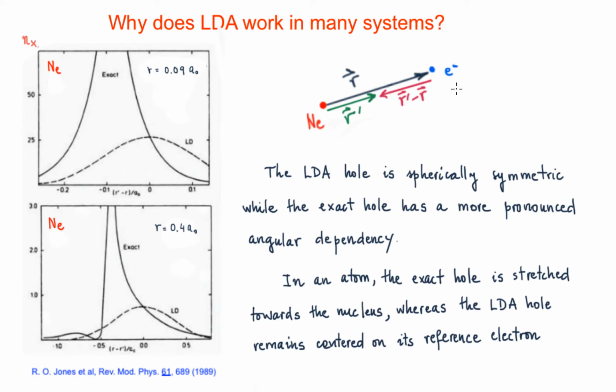So basically what they did here, they fixed the position of two r values. The first one here, they fixed the r value to this value here. This is the Bohr radius. And for the second figure here, they fix the position vector of the reference electron to this value here. So in this case, it's closer to the nucleus.